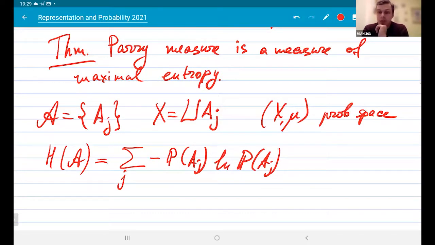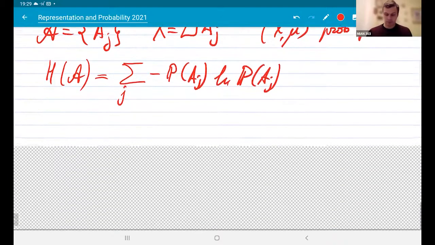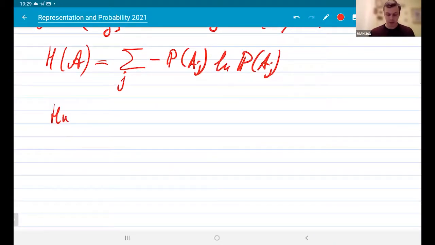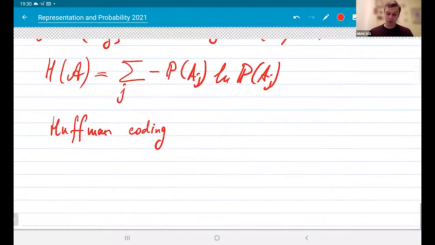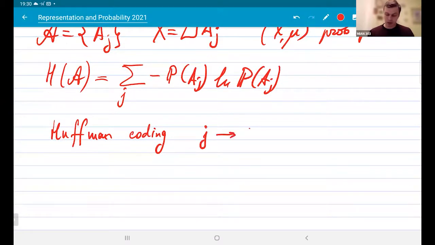But in fact, the reason behind this formula is the following. Let us assume that you need to transmit. You can, for example, do this as follows. This is so-called Huffman coding. You want to code any state, any Aj, to some sequence of zeros and ones.